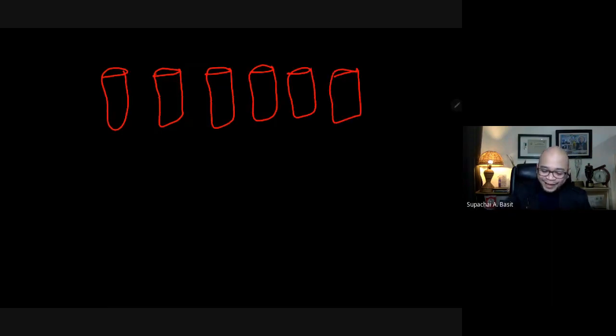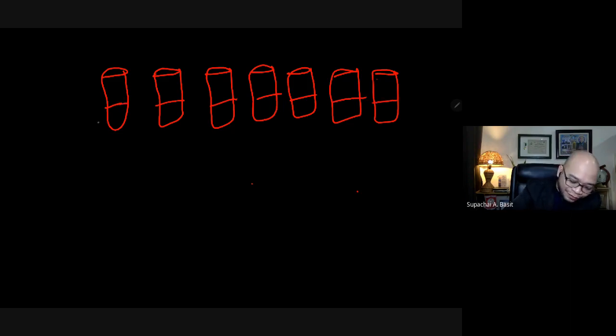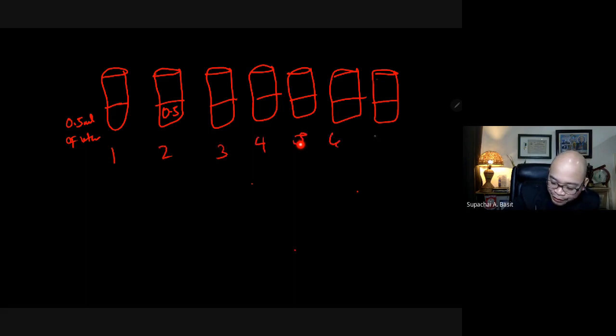Pardon me for the unequal spacing of the tubes. Let's say, for example, we place 0.5 ml of water in each of the tubes. This is tube 1, 2, 3, 4, 5, 6, 7. Tubes 1 to 7 have 0.5 ml of water.